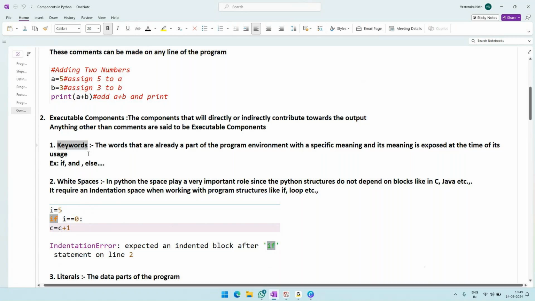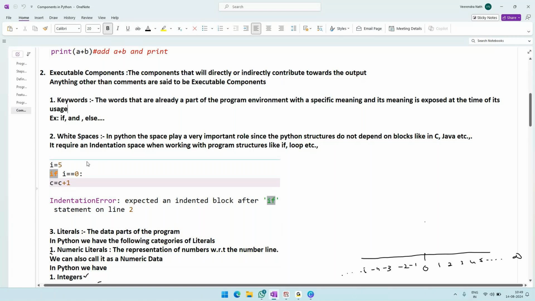First we are going to talk about keywords. Keywords are the words which are already in the program environment.